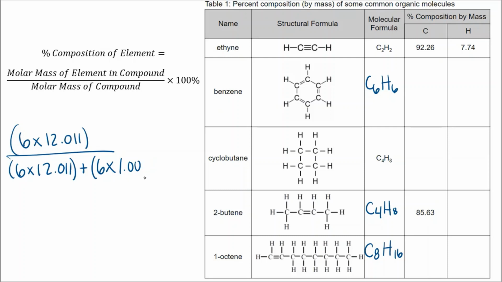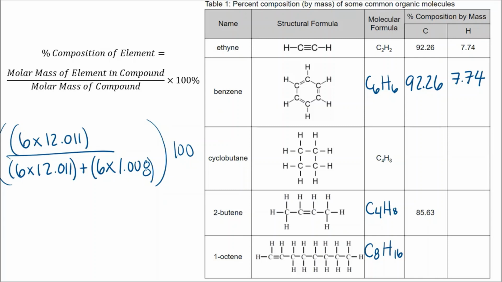So when I do that and solve here, multiply everything by 100, it gives me 92.26. So these first two have the same percent composition, even though they're different molecular formulas.